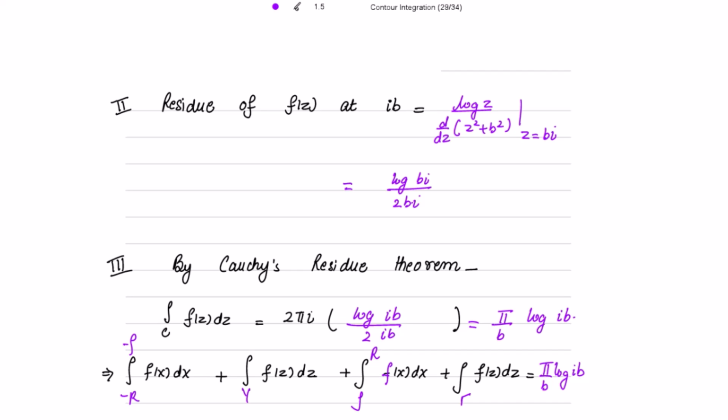Whenever you integrate along the x-axis, write the function in terms of x, and when you integrate along the semicircles, write the function in terms of z, right?